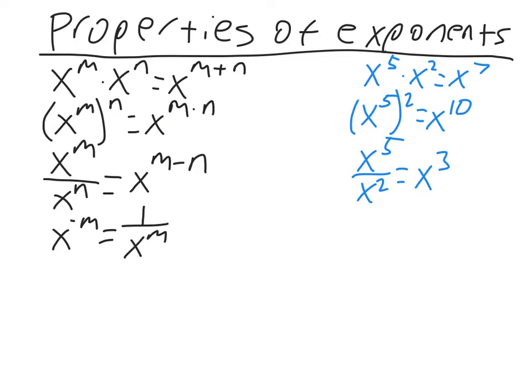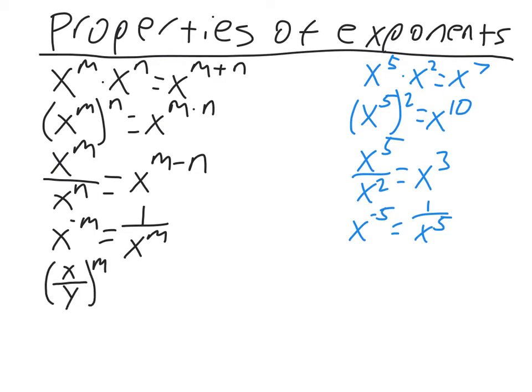So all you do is you get rid of the negative and then bring it from the top to the bottom. If it was already in the bottom, you would bring it back up to the top. So you just put it in the opposite spot that it is in the fraction. An example would be x to the negative 5 would be 1 over x to the fifth.